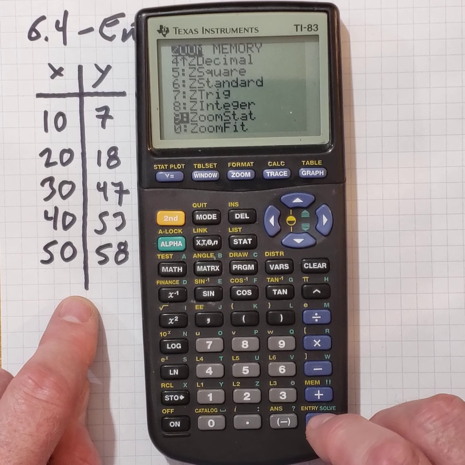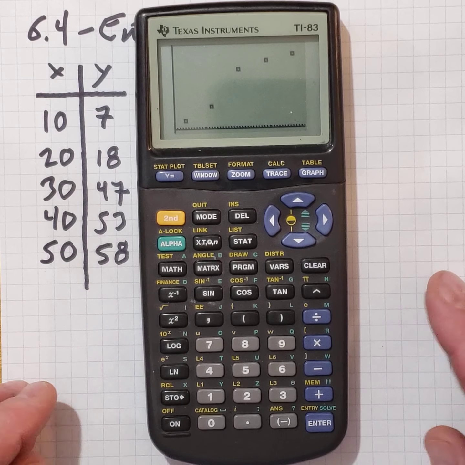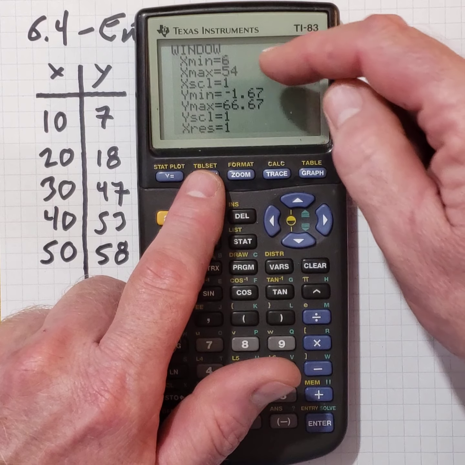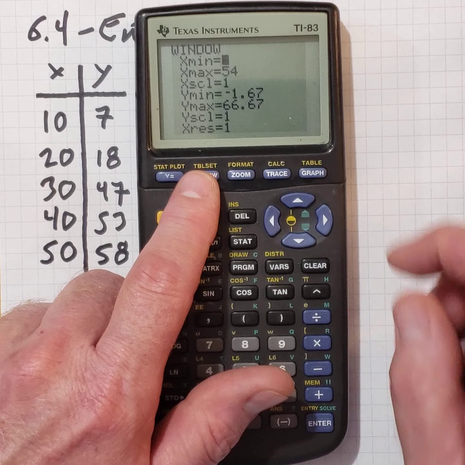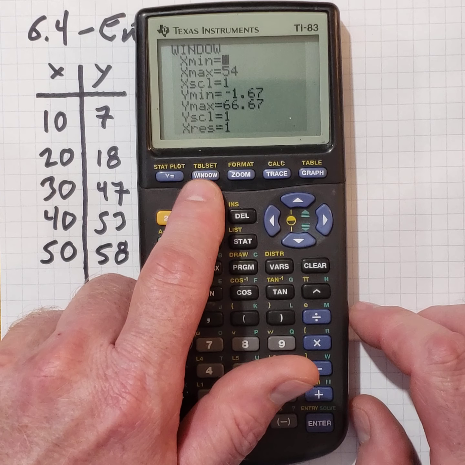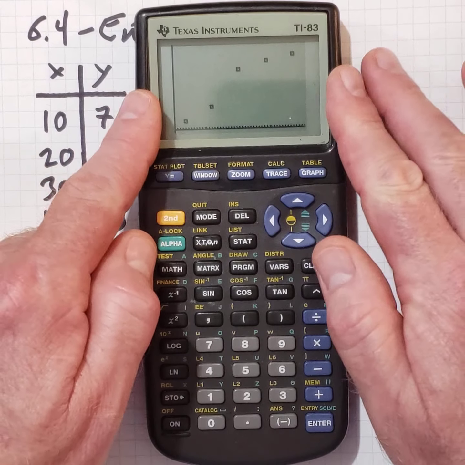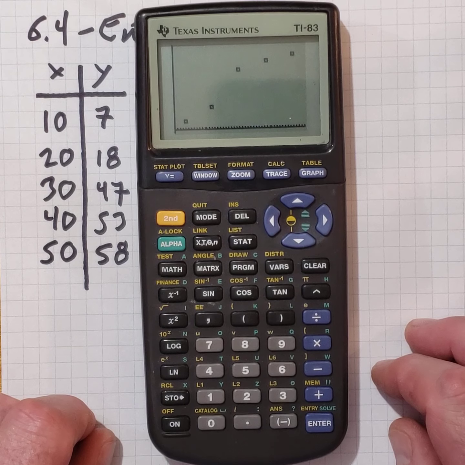If we zoom stat, which is zoom 9, or arrow down and hit enter, it will automatically adjust the window for us. If we go to window here, we can see it's showing from 6 to 54 and from -1.67 to 66.67. I'm not sure why it chooses those numbers exactly, but it does give us a little bit of a buffer on the edges so that these dots aren't right up against the edge of the screen.